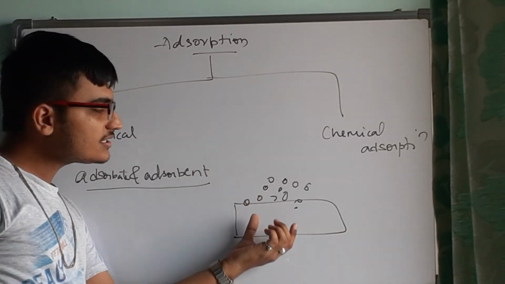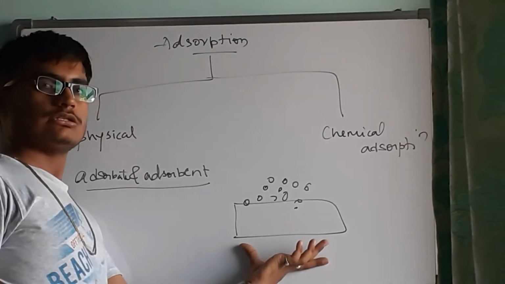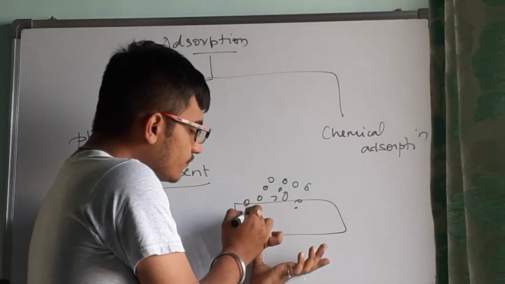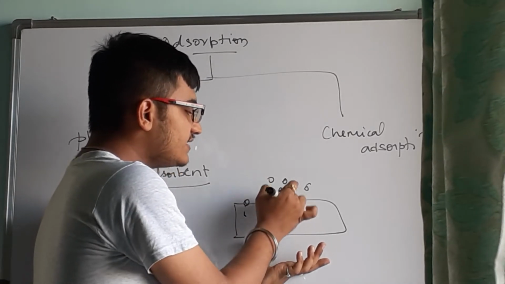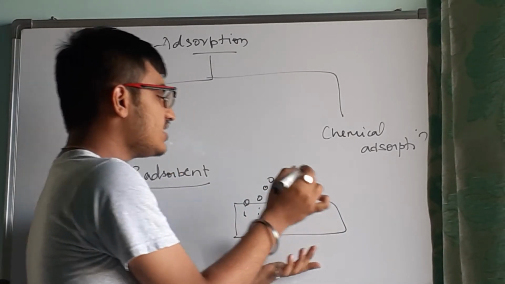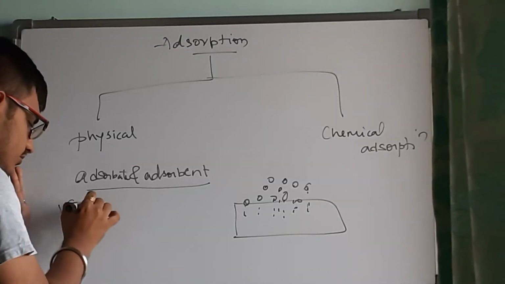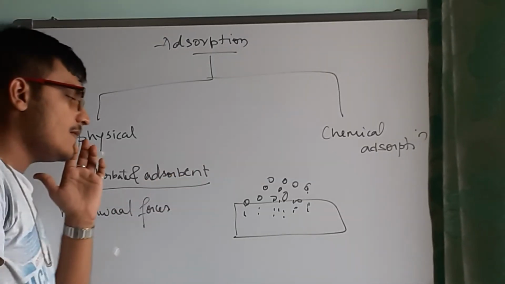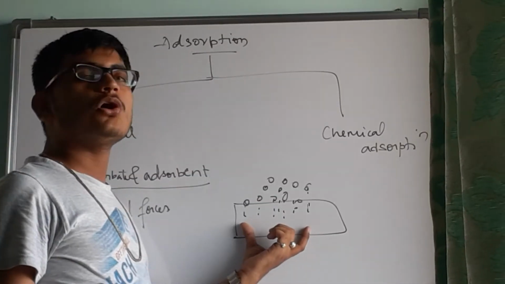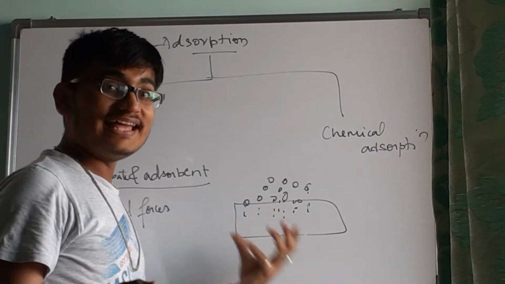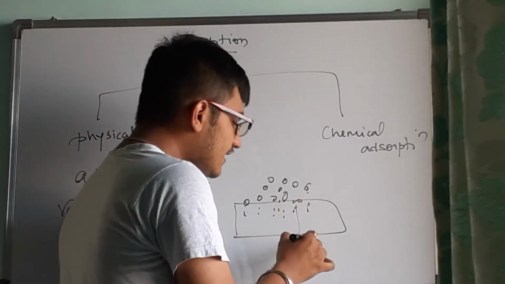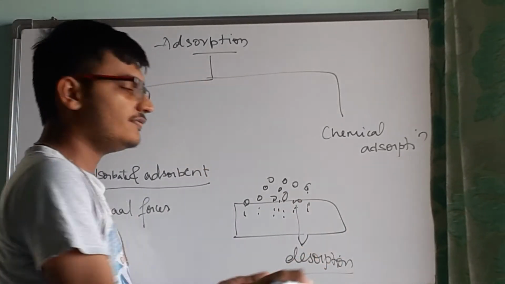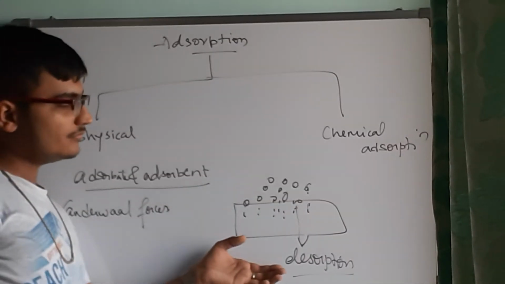So if this solid material has weak forces of attraction, basically physical forces which are known as van der Waals forces of attraction, then these solute particles can be easily separated by the process called adsorption, which we will discuss further.